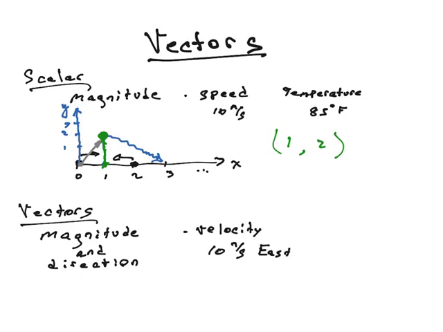Another example could be the wind. Again, you turn on the Weather Channel, and a lot of times you'll see a little local map, and it'll have arrows and numbers next to the arrows that represent how fast the wind is blowing and in which direction. So you may have wind direction.